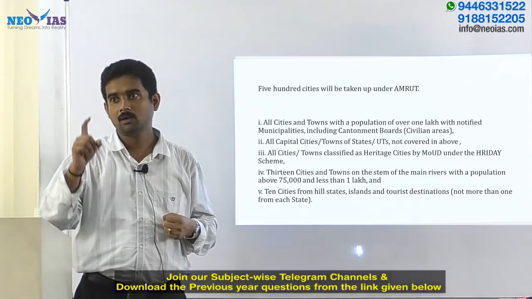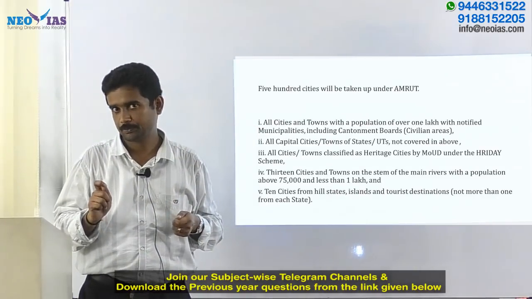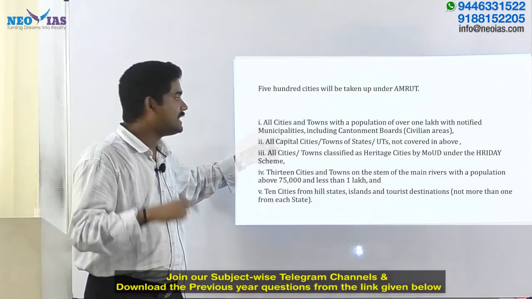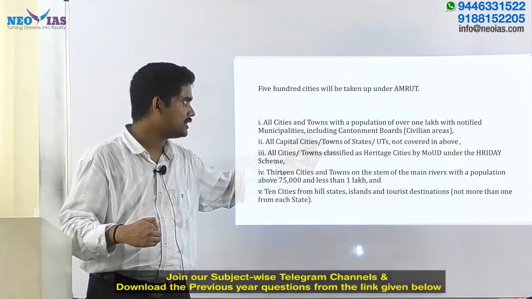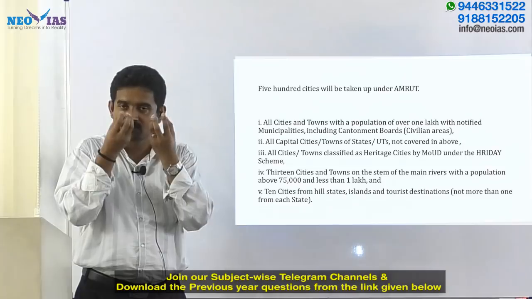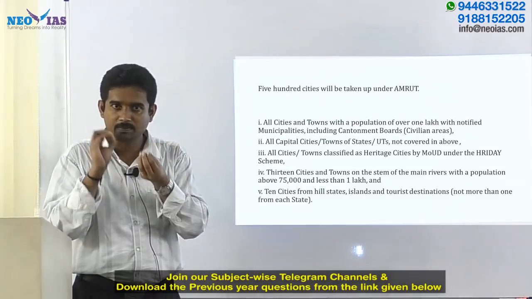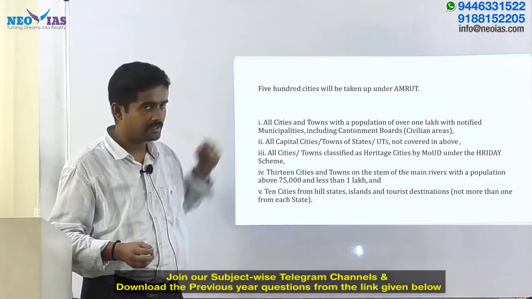Then all capital cities and towns of states or union territories not covered above. So in case any capital cities or key district places have been missed, that will be the second area covered under the Amrut cities.